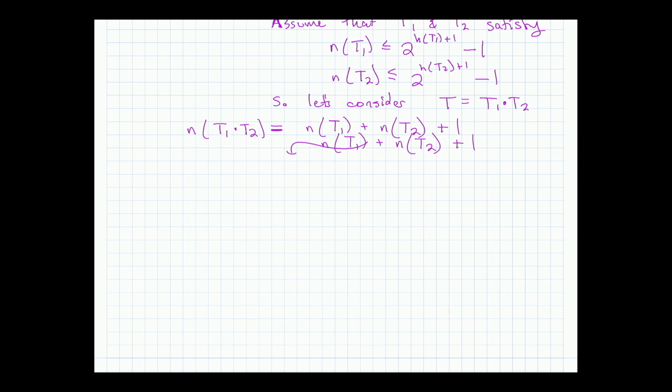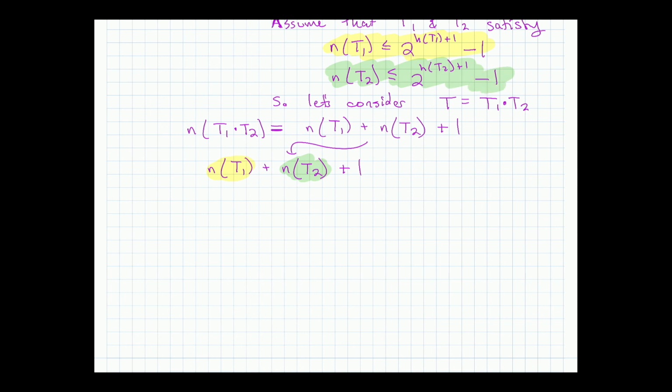Duplicate is what I wanted. Okay, so we've got this right here. But then what you want to remember is we've got the formulas from our induction hypothesis, right? So what we know is that this one satisfies that it is less than or equal to this value, and this one satisfies this one.